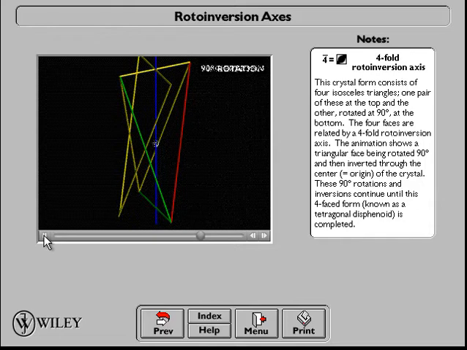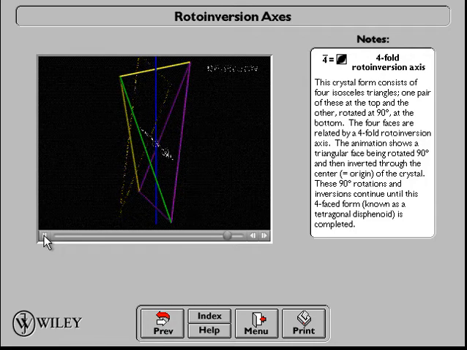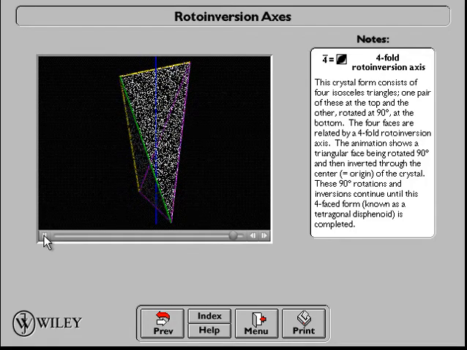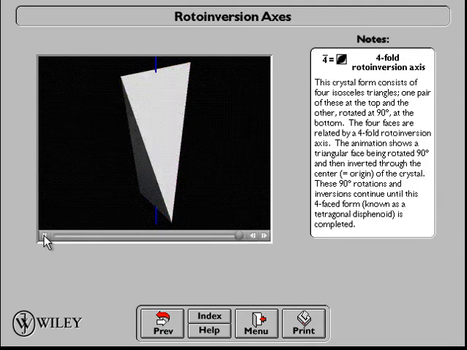So just watch this movie a couple of times and follow the inversions and the rotations. We can watch it again. We have time.